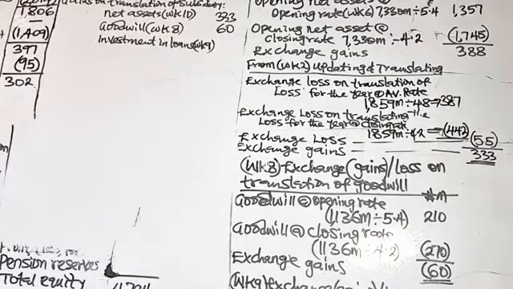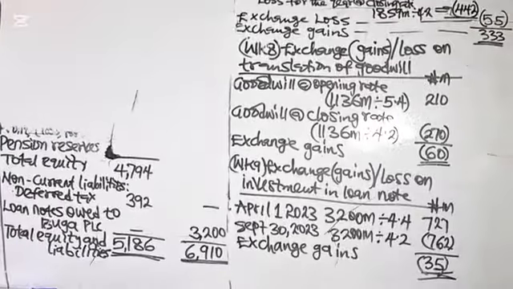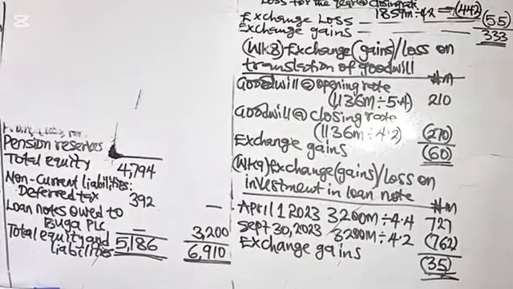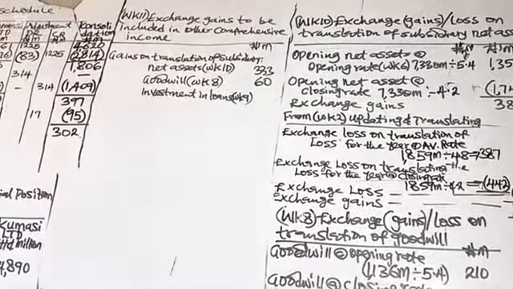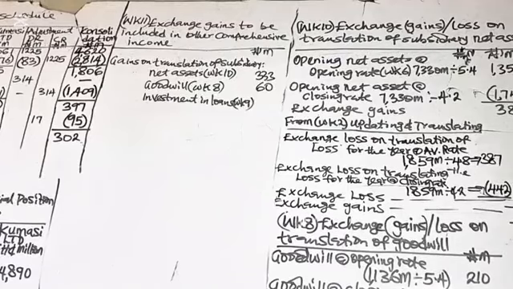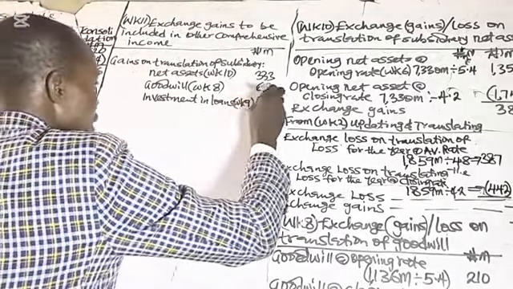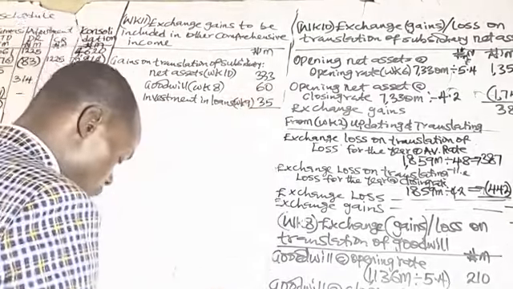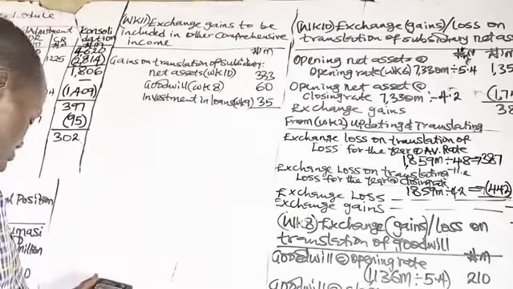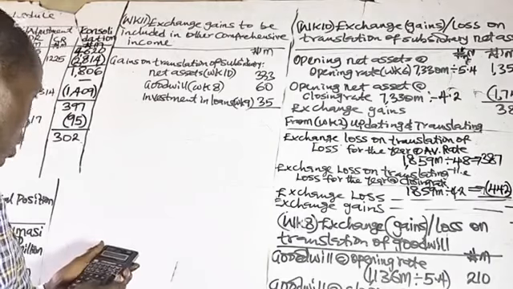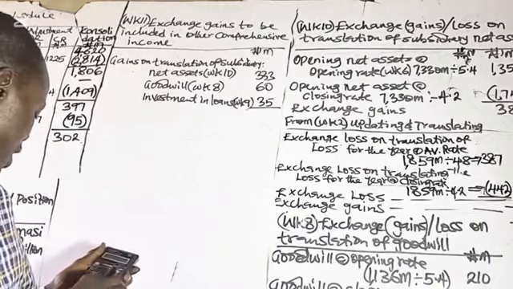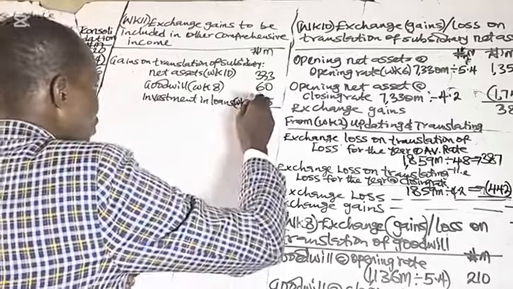And we got 35 million. So the addition of the 3 will give you the gains to be included in other comprehensive income. So, how much is the total? 333 plus 60 plus 35. That gives us 428.